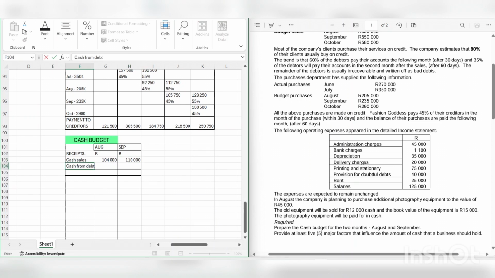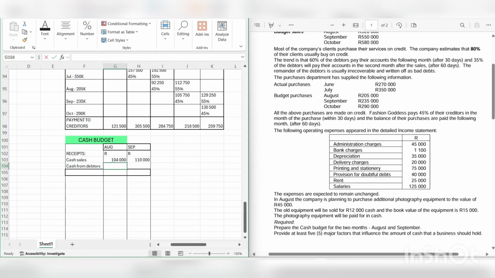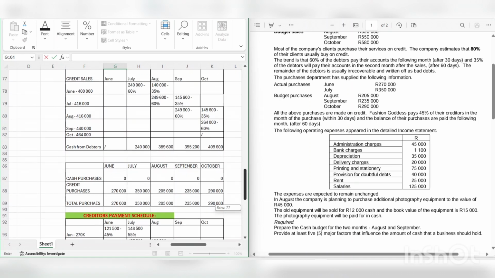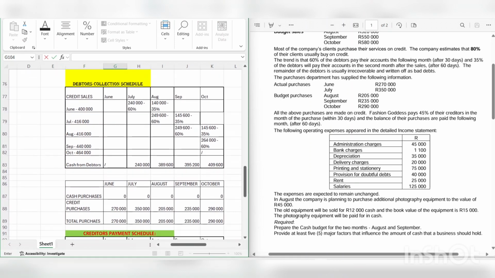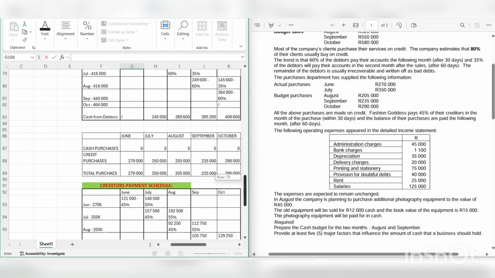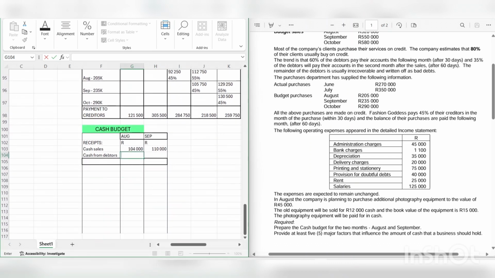Next step would be to get your cash from debtors. All right, so if we go up here, cash from debtors for August is 389,600, and for September it's 395,200.